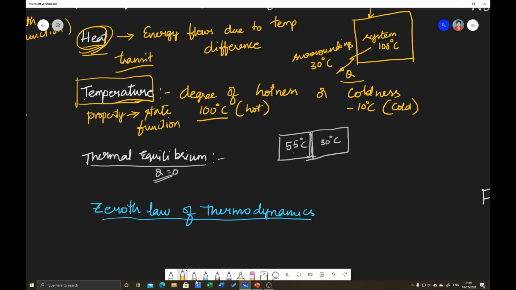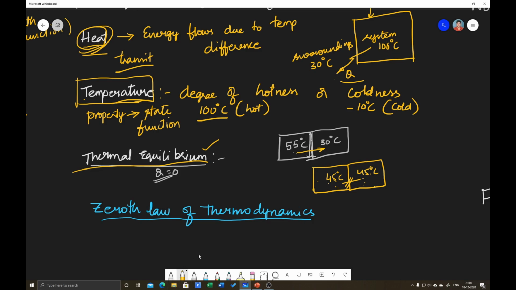Due to the higher temperature of this body, heat will flow from the hot body to the cold body. After some time these two will come into thermal equilibrium. That means these two will be at the same temperature, say 45 degrees centigrade and 45 degrees. At this point there will be no heat transfer. When the temperatures are the same or there is no heat transfer between two bodies, we can say that those two bodies are in thermal equilibrium.